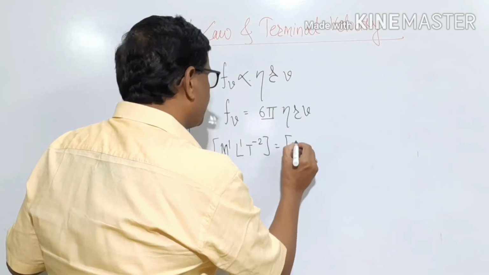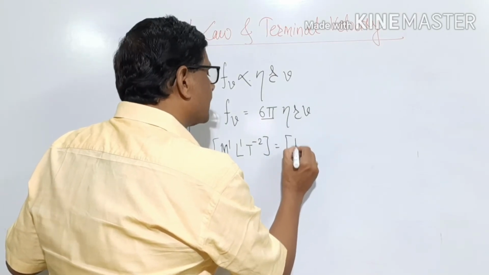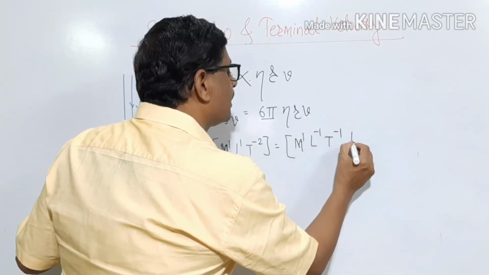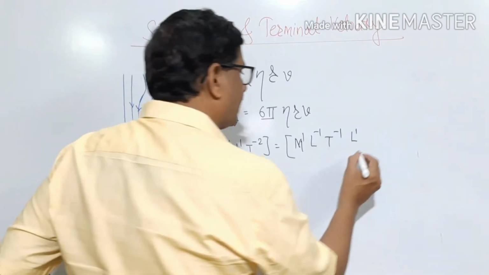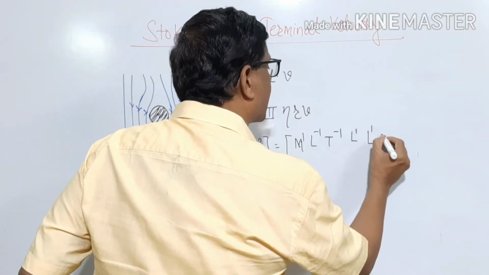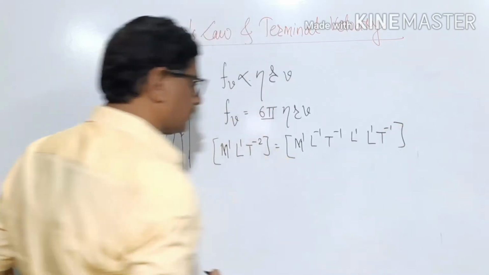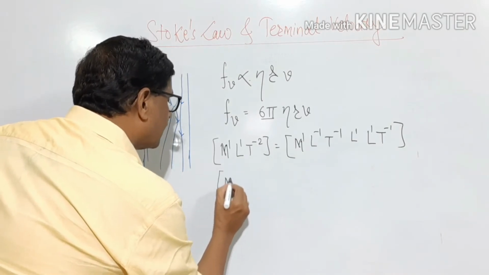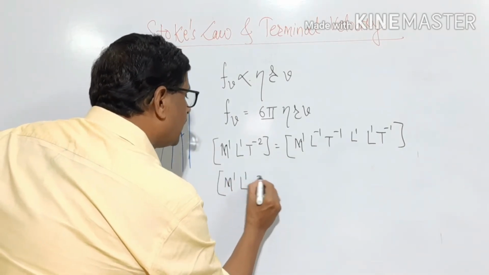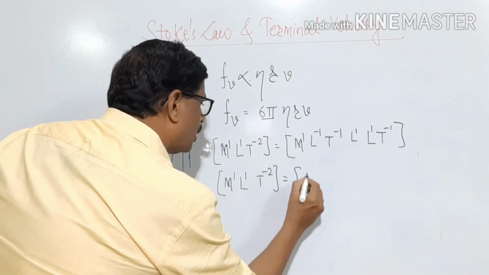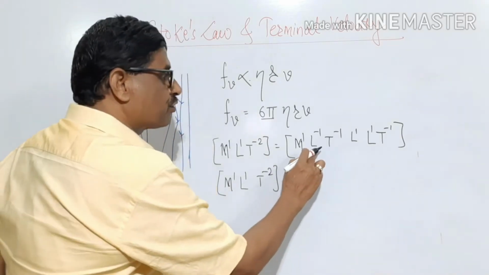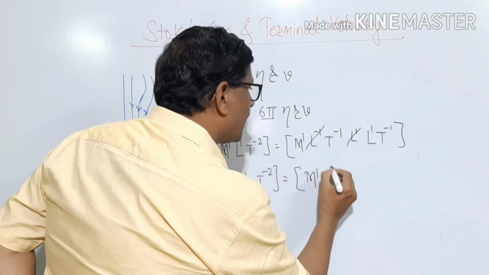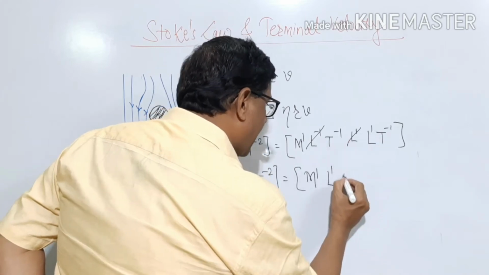The dimensions of the coefficient of viscosity are M^1 L^-1 T^-1. The dimension for r is L^1 and the dimension of velocity is L^1 T^-1. Therefore, M^1 L^1 T^-2 equals M^1 L^-1 T^-1 times L^1 times L^1 T^-1, where L^-1 and L^+1 get cancelled. Therefore, it is M^1 L^1 T^-2.